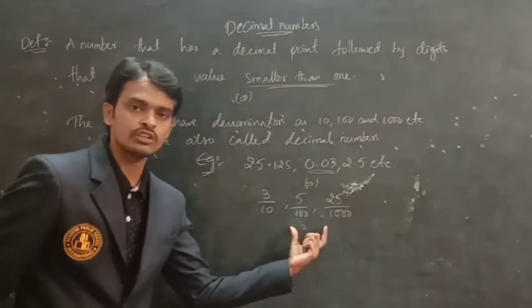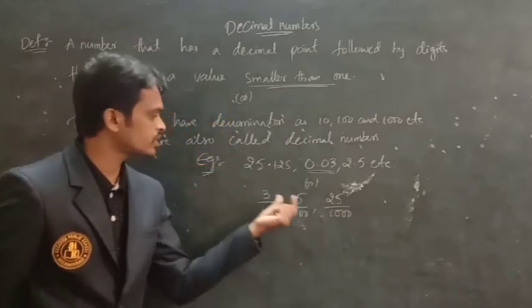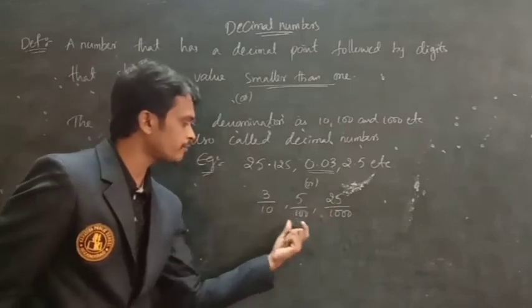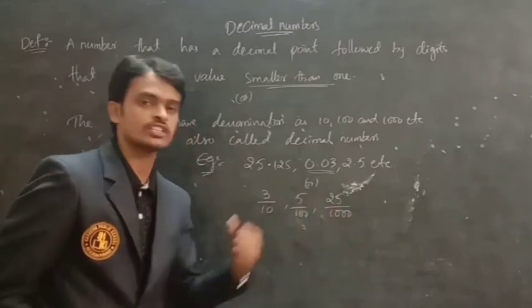These are also called decimal numbers. Numbers that have denominators 10, 100, 1000 are also called decimal numbers.